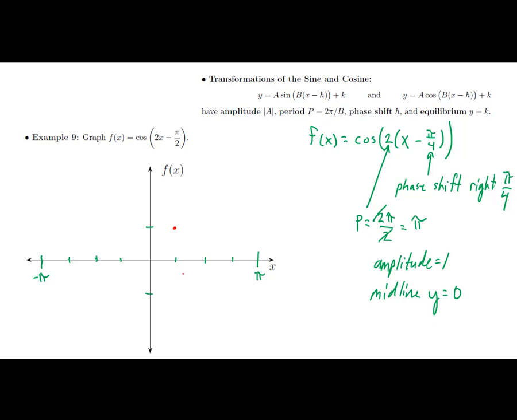Then it has to get through one full cycle after pi. So adding pi over 4 plus pi gives 5 pi over 4, which is where it should be back at its maximum again.